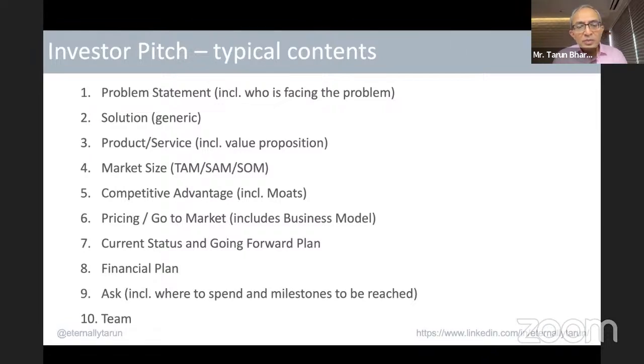So it is safe to assume that viability gap funding would give either no returns, or it would give returns in a situation where your business is doing better than your base case. Because you'll have a certain base case, right?